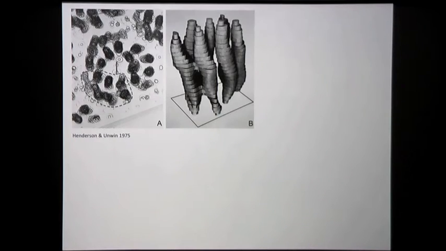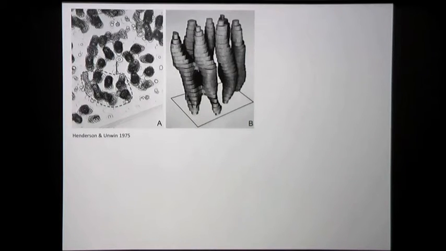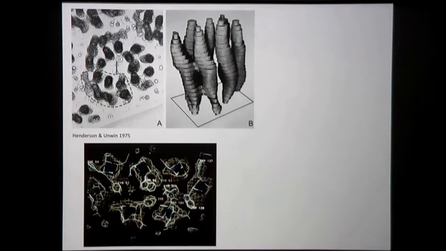So Richard and Nigel tilted their purple membrane in the microscope, as they had to do, because you didn't have the helical symmetry that you had in the phage tail. You can collect three-dimensional data and make a three-dimensional map of the protein molecule, showing the 7 transmembrane helices.